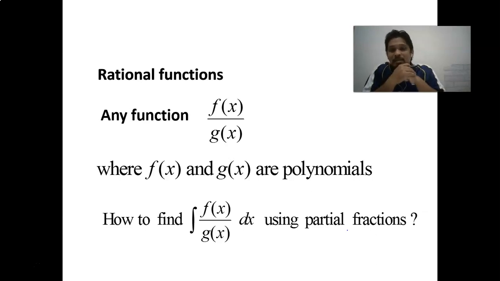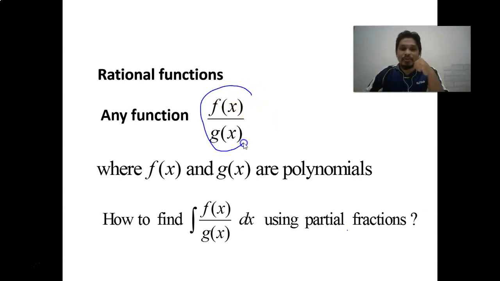In Chapter 6, we looked into polynomials, and this one, a ratio of polynomial f(x) divided by g(x), can be something like x squared minus 1 divided by x cubed plus 2x plus 5, where the degree of x from the numerator is less than the degree of x from the denominator.